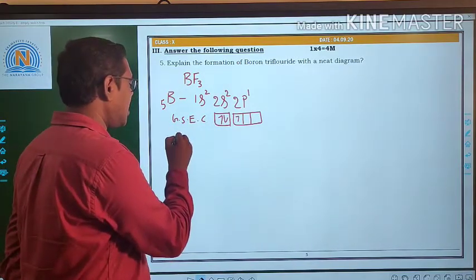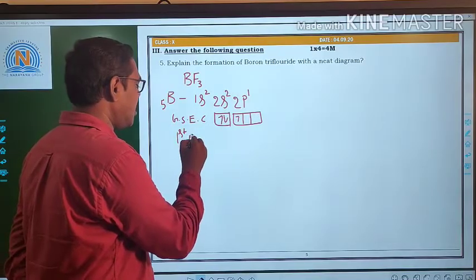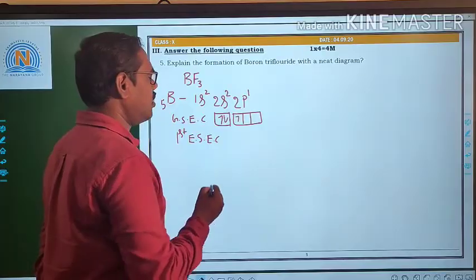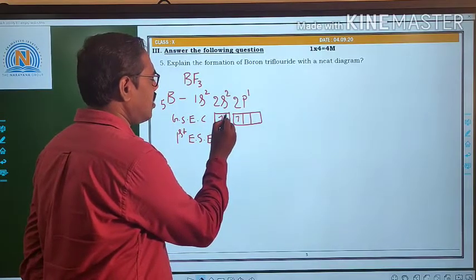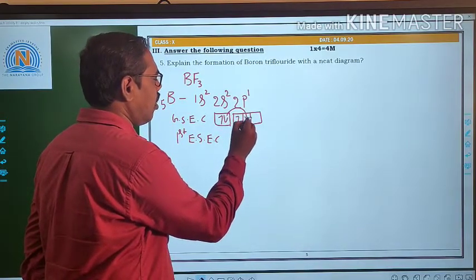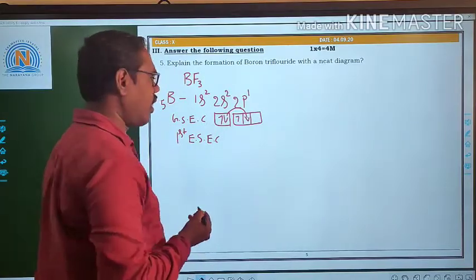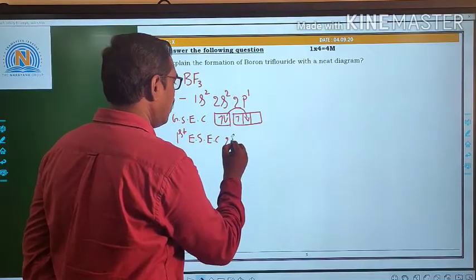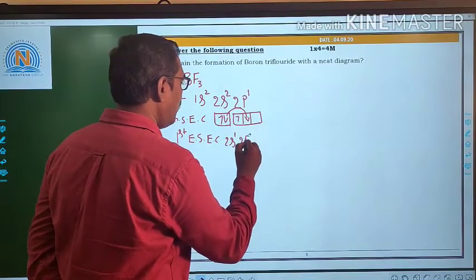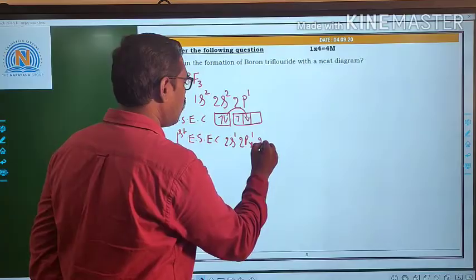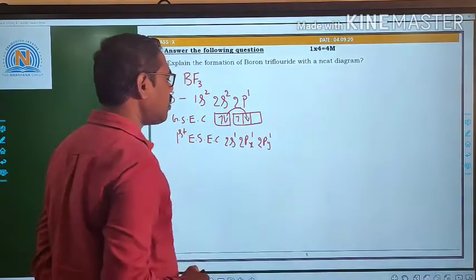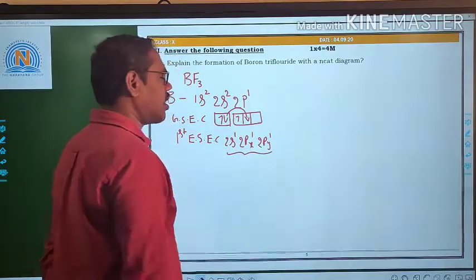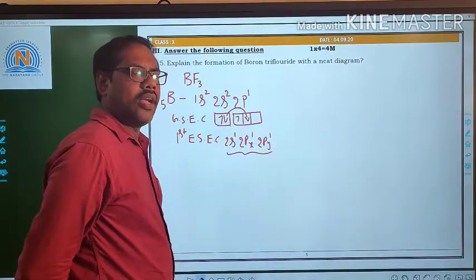In the first excited state, the electronic configuration of the boron, what does that mean? One electron enters into the p orbitals, that is the py. So here we can write the configuration 2s1, 2px1, 2py1. So the boron in its first excited state contains 3 unpaired electrons.